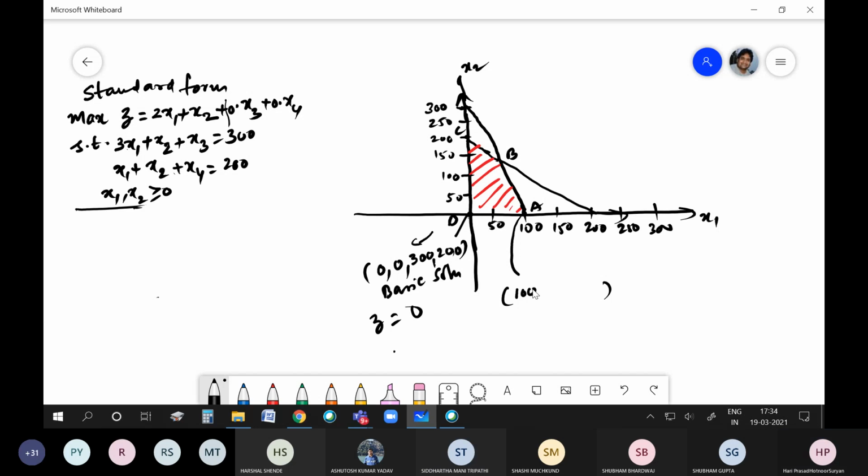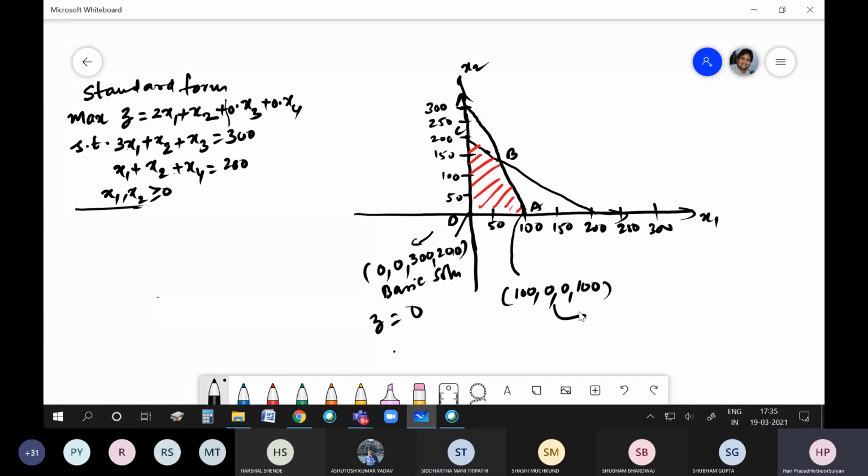Okay, is this a basic solution? Yes, sir. This is a basic solution.